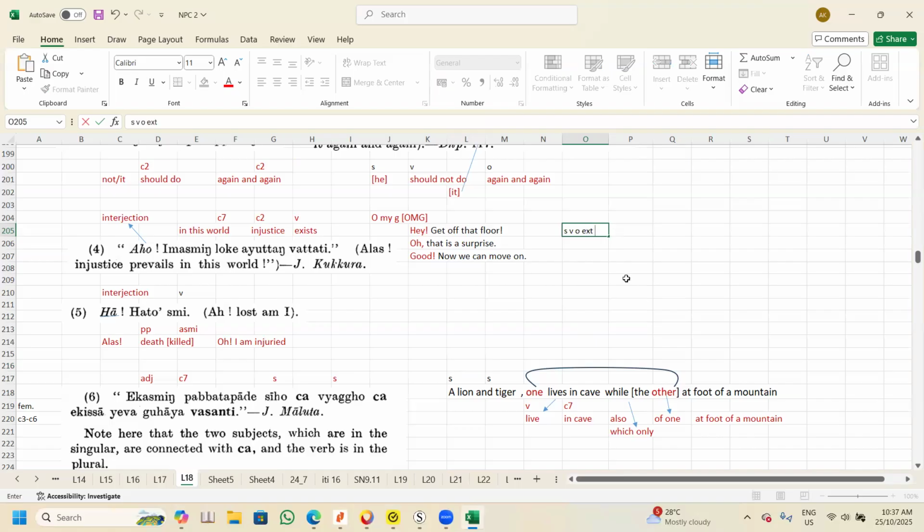The extension can be from: I came from somewhere. I went to somewhere. I live in somewhere. All these are extensions. They are never put in the SVO pattern. They will be put in some other pattern. So this is how you look at it.